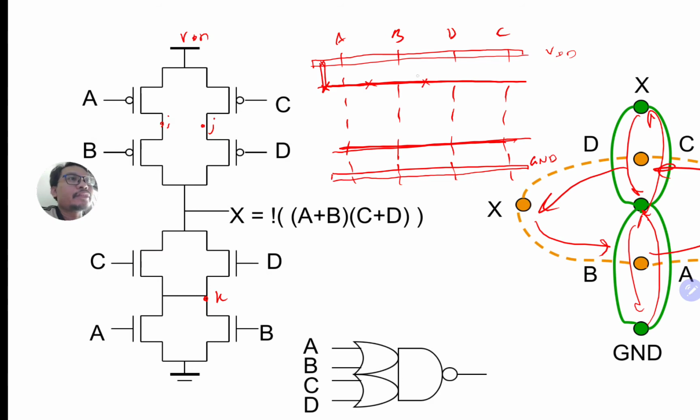Okay, so X and D, so B, D, and X is connected together, so we can go like this. We can say something like this, and this is your X. Okay, so now X is connected to also your B and D, and then your D is connected to C and X. So D is connected to C, which is there, and then is connected to X. Okay, so that's done.